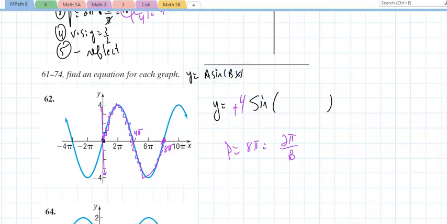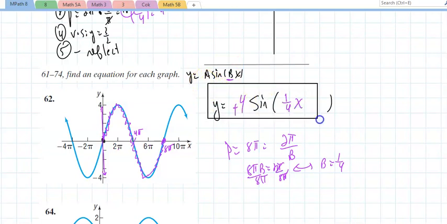A I found. Don't you take 2 pi divided by b to get the period? If you cross multiply and divide by 8 pi, you will get b to be 1/4. There it is.